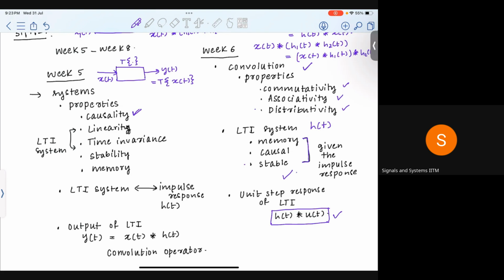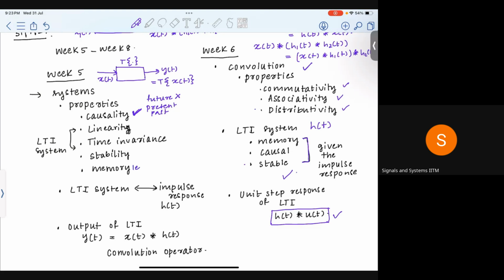then, if the output depends only on the present and past, not on the future, such a system is known as causal.